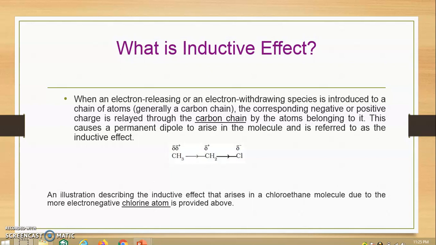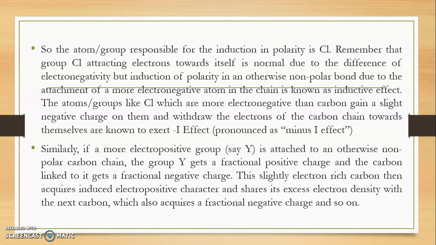For example, ethyl chloride. In this, the electronegative chlorine atom withdraws electrons. The group chlorine attracts the electrons towards itself due to the difference of electronegativity, by induction of polarity in an otherwise non-polar bond due to the attachment of a more electronegative atom in the chain.